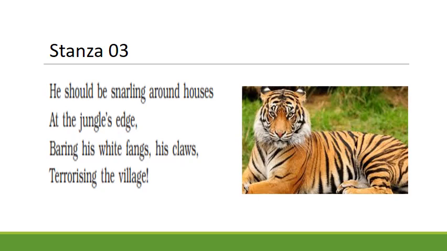So it has its long white teeth and claws. Here claws means nails, and terrorizing the village. So by showing this, it frightens the people who are staying in that village which is located at the edge of the forest.